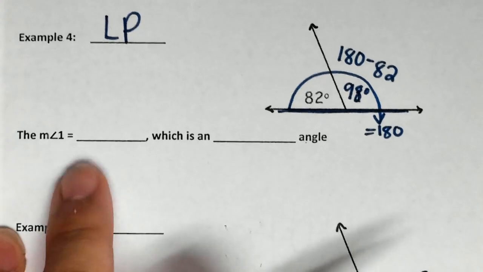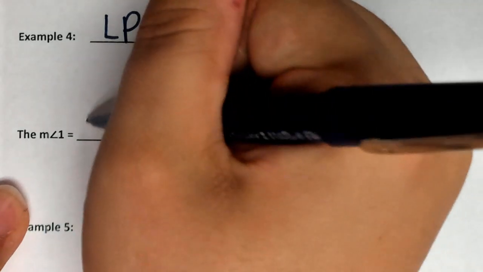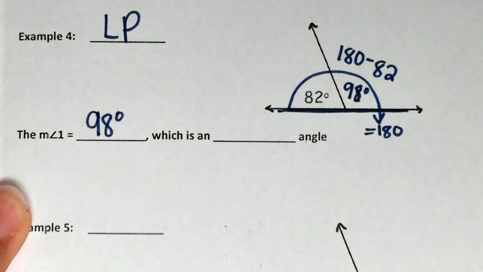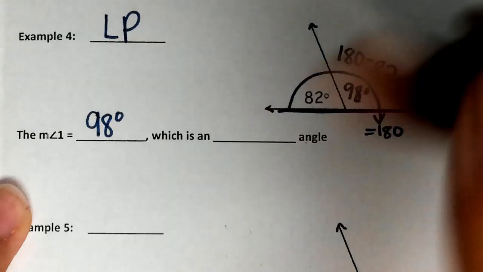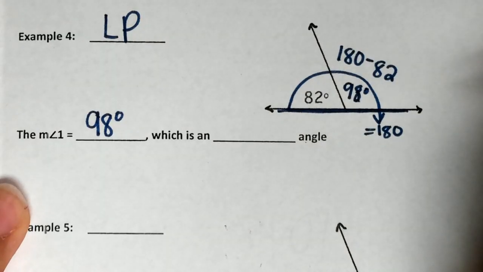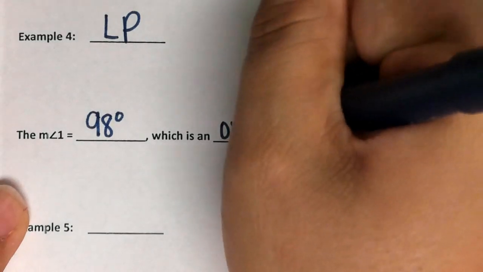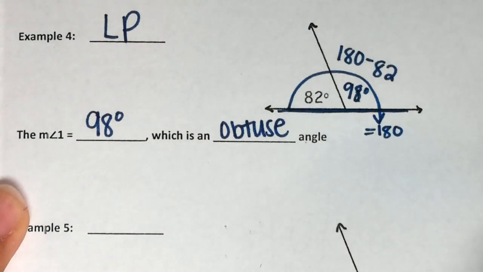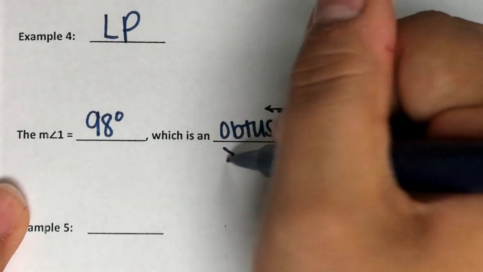All right. Angle 1 is what? 98 degrees. 98 degrees is what type of angle? Acute, right, or obtuse? Obtuse. Why is it obtuse?